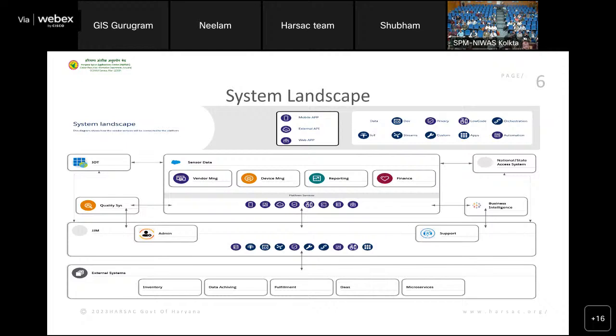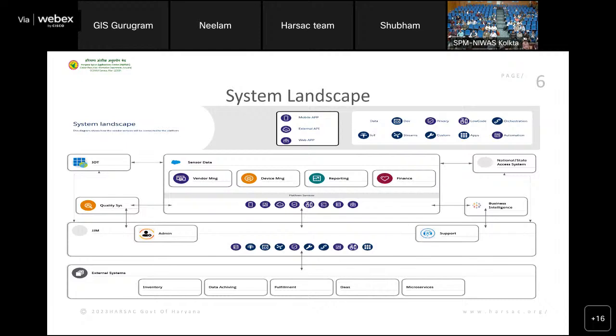Now, this landscape system would cater to a vendor management system, where we are going to register multiple vendors and their devices. The idea is to use DaaS, that is, data as a service. Each vendor would install their own device, rather than the state or department level procuring the devices.